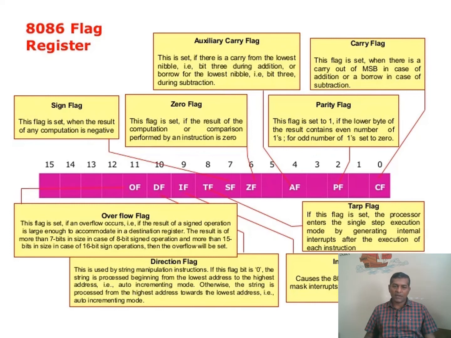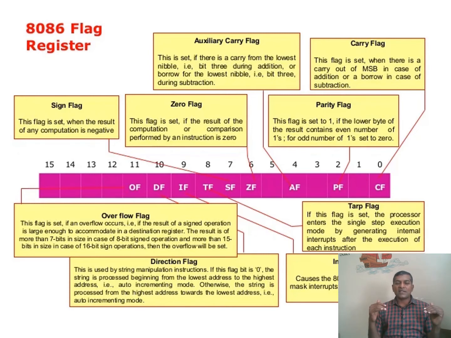Then next is the direction flag. This flag is set when we want the processing of strings. The string is processed beginning from the lowest address to the highest address. It is auto increment mode. Let's say we are working on 2 strings, or we are copying data from one place to another place, then we will have a few instructions which will execute automatically.